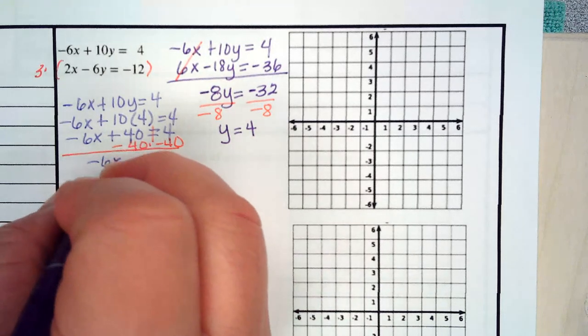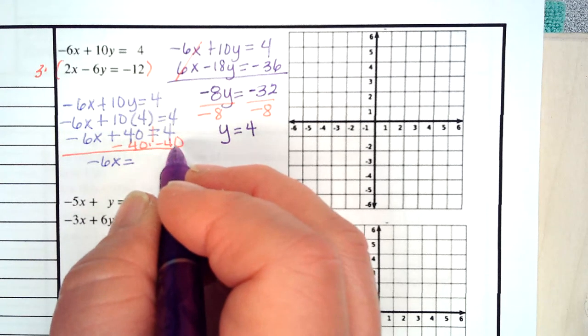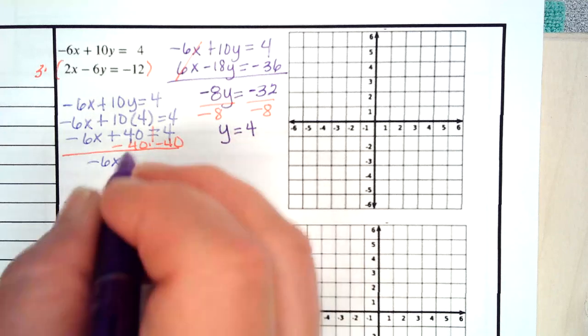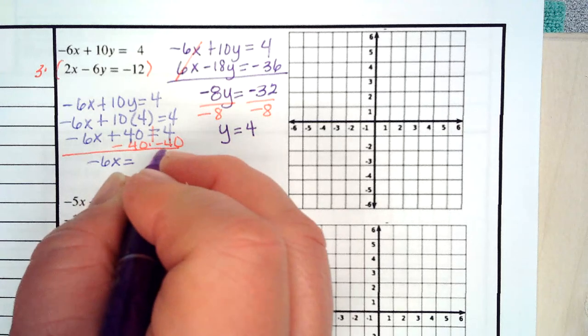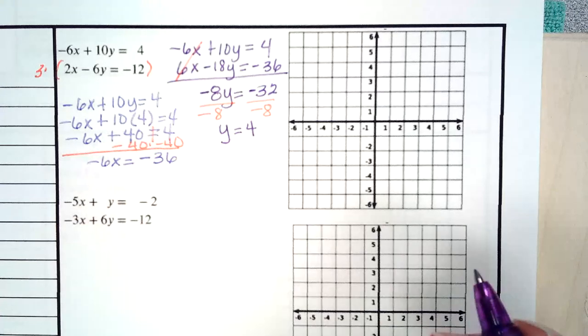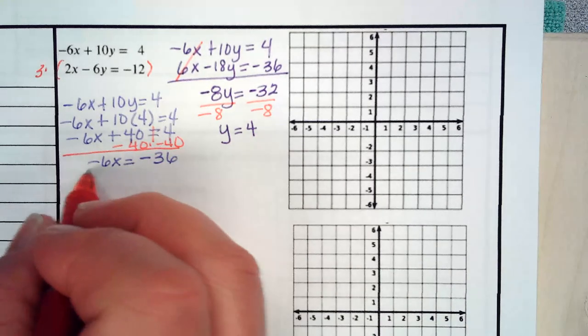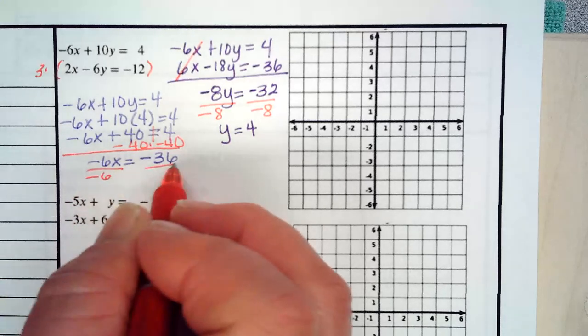Negative 6x is equal to, opposite signs, so I subtract. 40 minus 4 is 36. Keep the sign of 40 because it's the largest number, so it is negative 36. Divide both sides by negative 6.